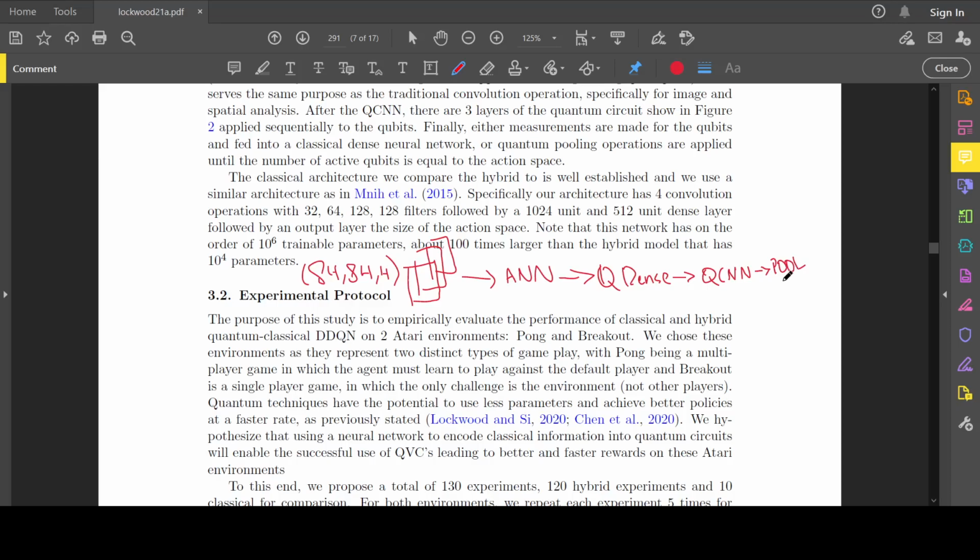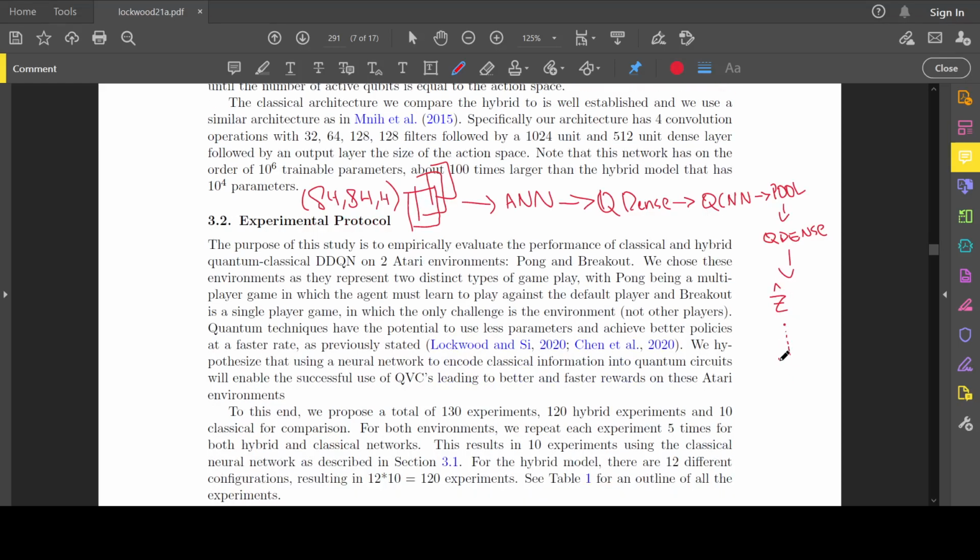There's no pooling if it's a small enough circuit, to Q dense, to either, now this is where it is variations, the expectation value of the Z operator, or it could go to a classical dense layer. So that's basically just to give you an overview of the system that we're talking about here.